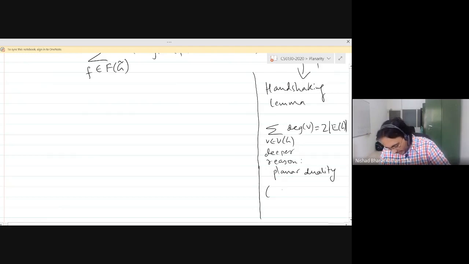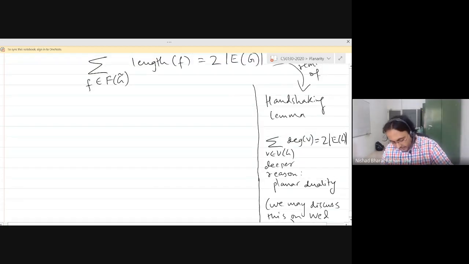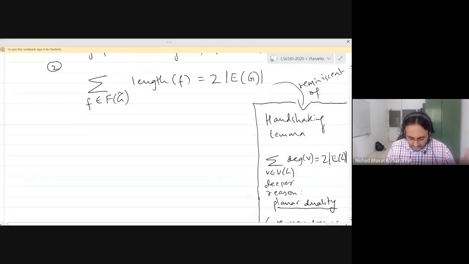So we may discuss this on Wednesday, 30th September. Okay, so there is a duality between faces and vertices in planar graphs, and that duality is called planar duality. But for now, let's not worry about it.